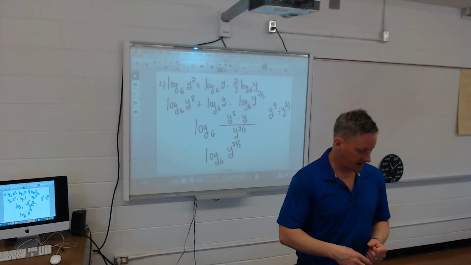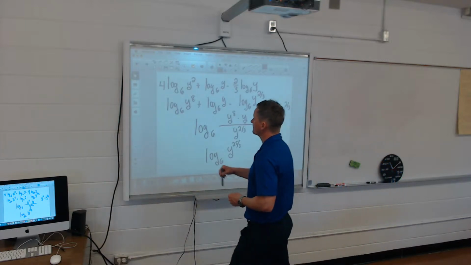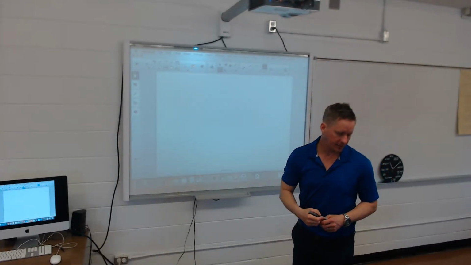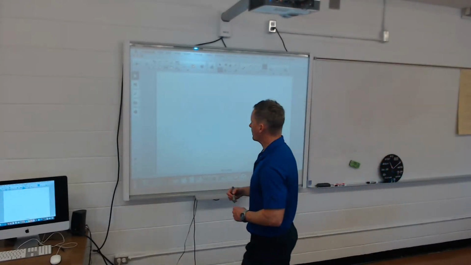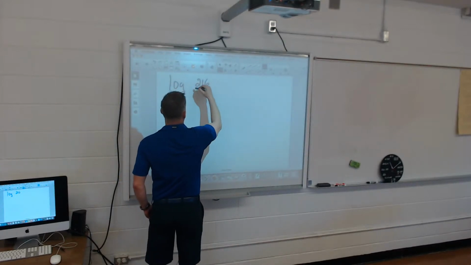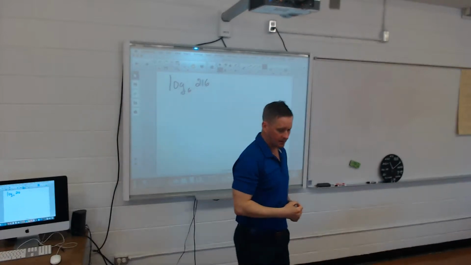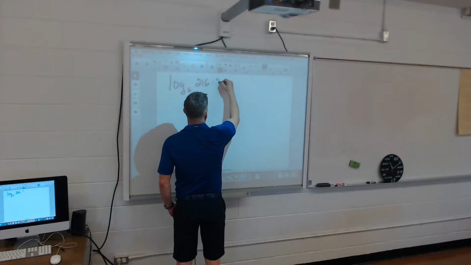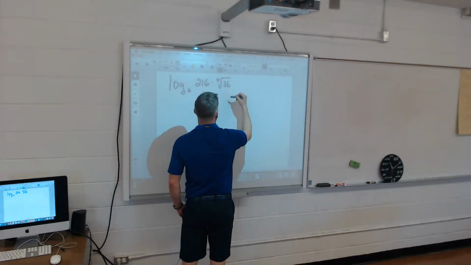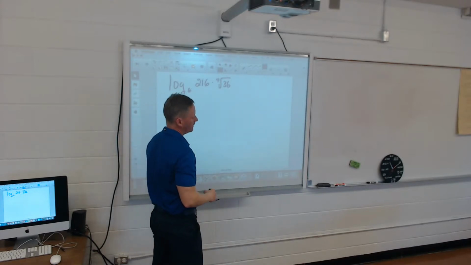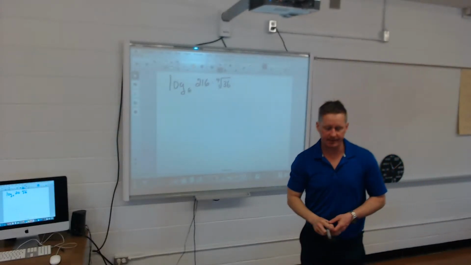Okay, and I'll look at example 3A. Or actually, I'll do 3B. I did 3A yesterday. So I've got log of 216 to the base 6 times the 4th root of 36. Okay. So what I'm trying to do is simplify this down.